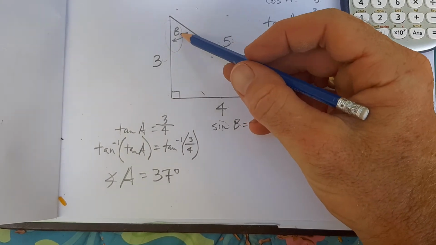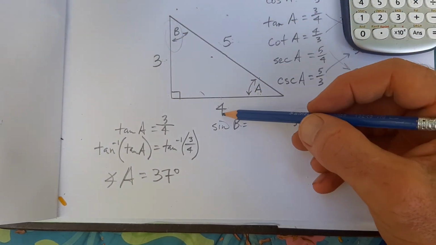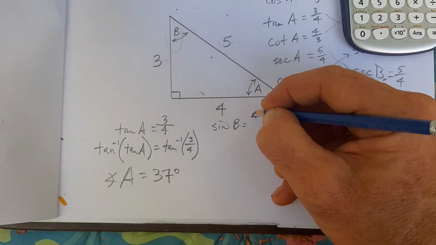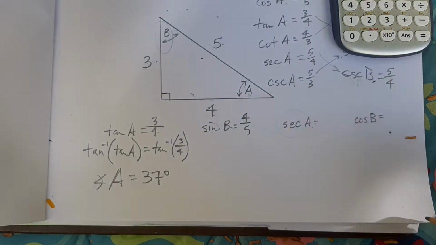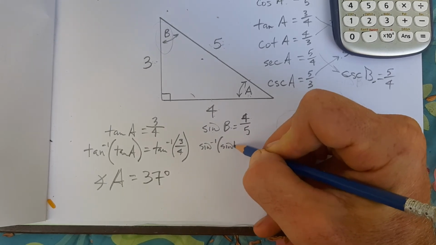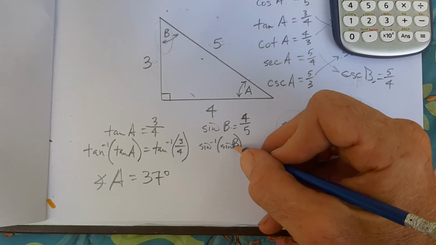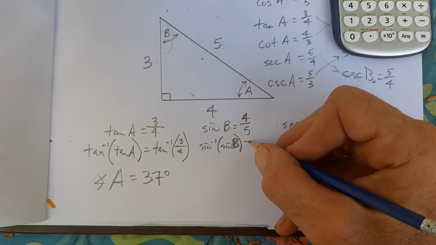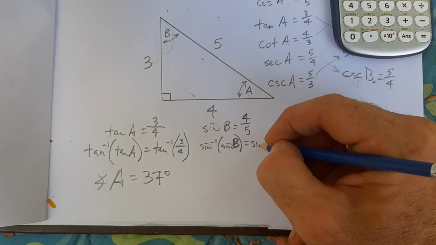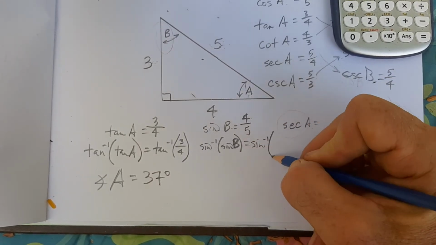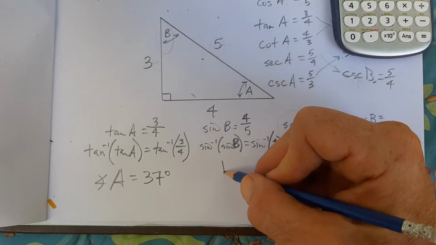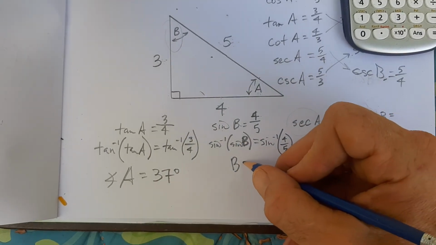Okay. And let's do sine of B. Sine of B is opposite over hypotenuse. Sine of B is 4 over 5. Okay, so sine inverse of sine B. You don't have to always write this down, but I would at the beginning. This is algebra. You're using an inverse to solve an equation. So sine inverse of sine, those two operations cancel one another out.